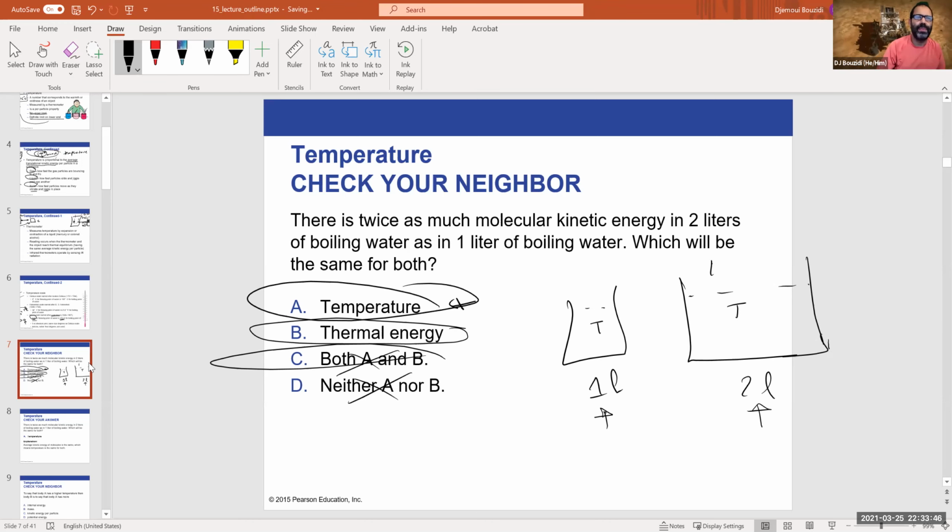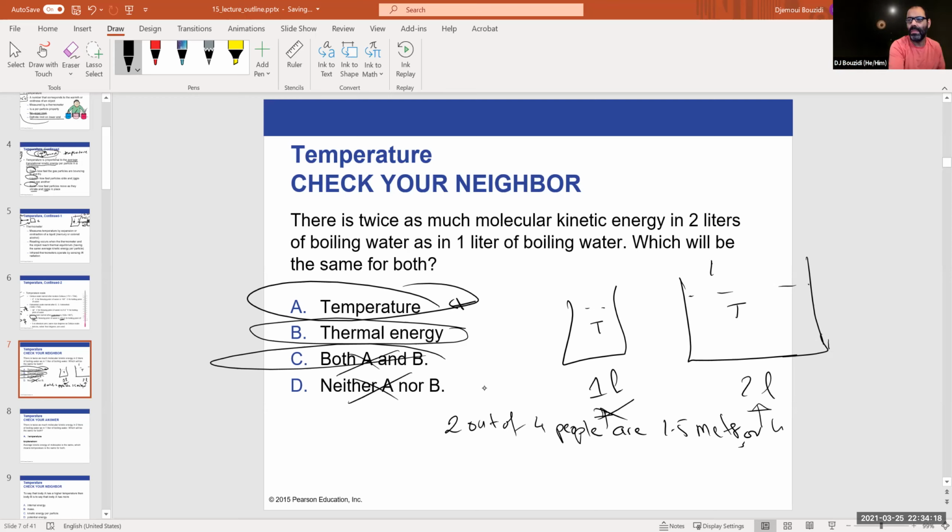Because that's an average. For example, let me think of an example here. 2 out of 4 people are, I don't know, 1.5 meters or higher in height, okay?